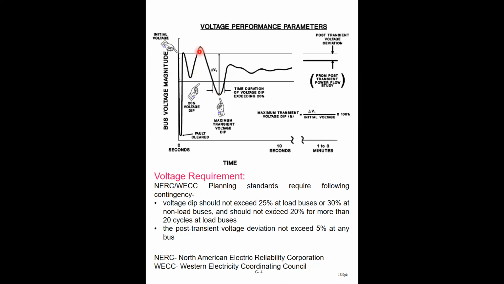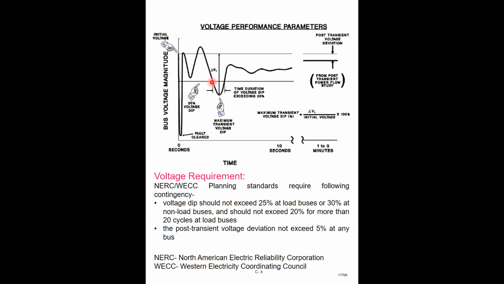What you get actually is basically a drop in the voltage. Let's say the voltage oscillation magnitude is something up to 20%. That means you get a dip up to 20%, so from 1 per unit, or maybe even 10%. So you get a voltage dip here.